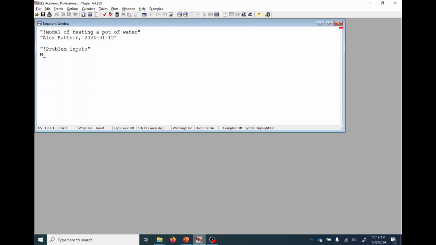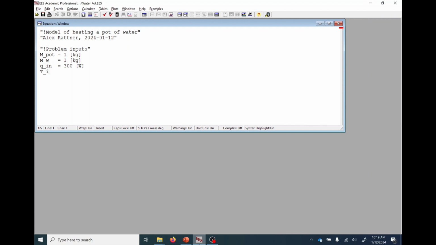So here I have the mass of my pot is 1 kilogram. The mass of water in the system is also going to be 1 kilogram. I've got my heat input rate, so that's Q in, and that we said was 300 watts.